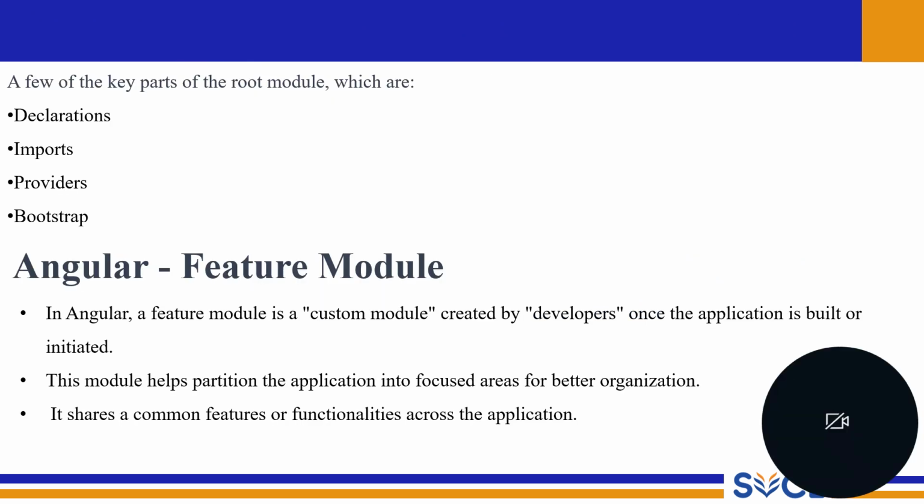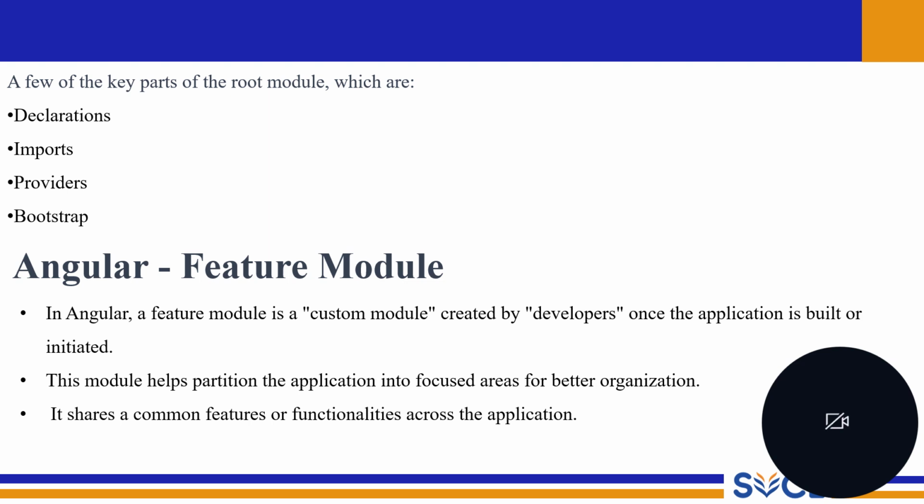A few of the key parts of the root module are declarations, imports, providers, and bootstrap. So first one, declarations. Declarations are an array that contains a list of components, directives and pipes that belong to this module. For example, the app component is a part of the module, so it is included in the declarations. Second one, imports.